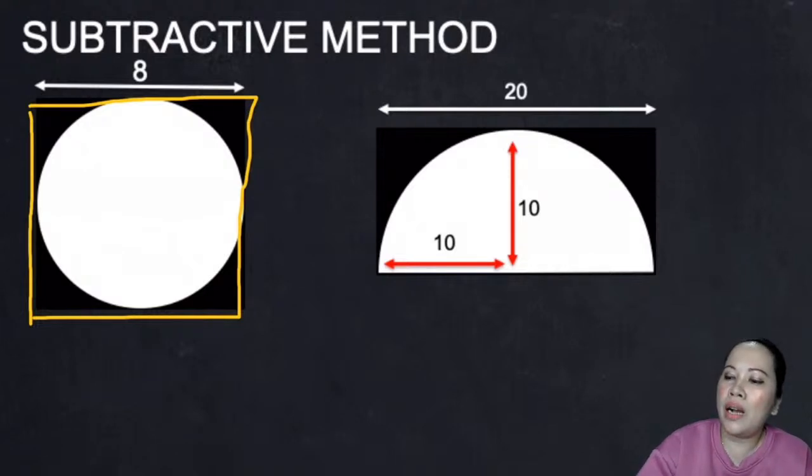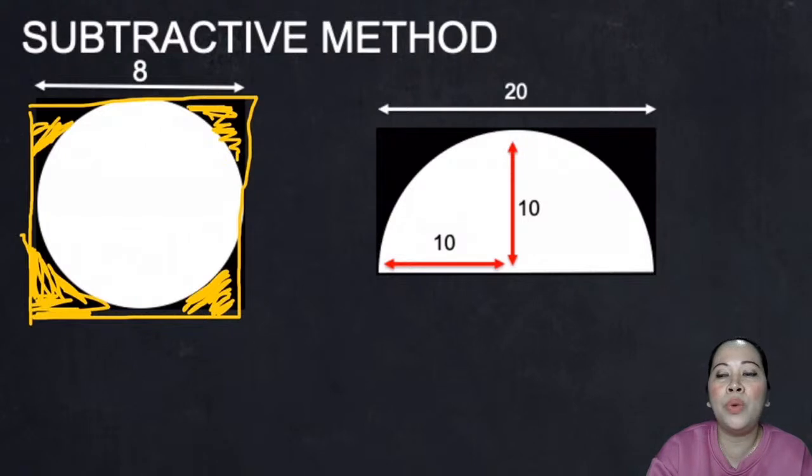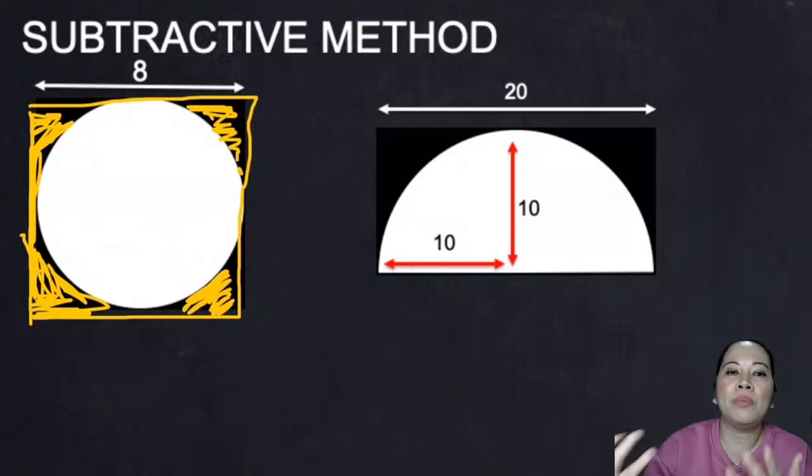If you are asked to find the area of the shaded yellow part, what we need to do is the same as with your rectilinear shapes. We do the subtractive method. We solve the area of the whole square, and then we subtract the area of the circle. Now the side here is 8.